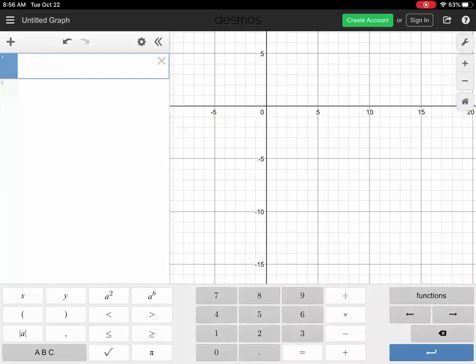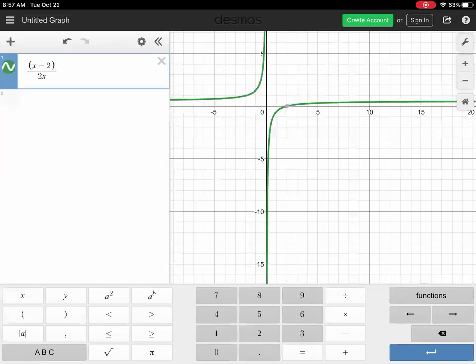So I'm just going to plug in g of x, because remember, Desmos only likes x's and y's. So we've got, okay, so x minus 2. And I have to divide it all, so I have to put brackets around the x minus 2, divided by 2x minus 1.